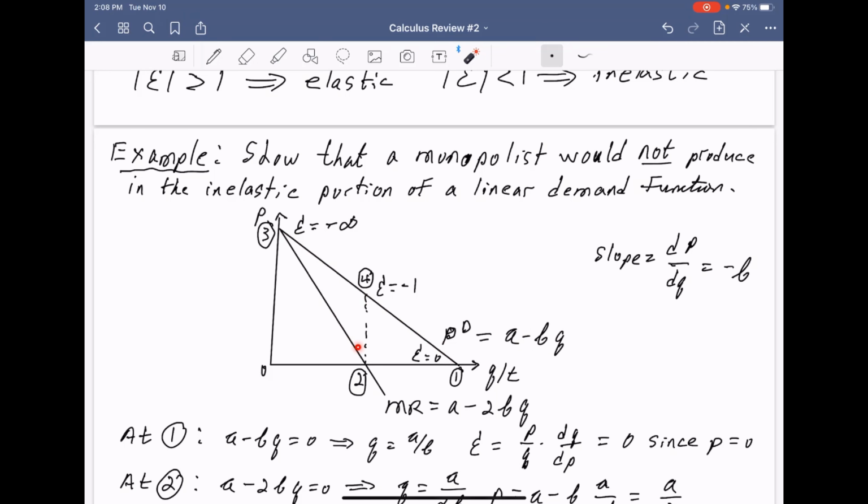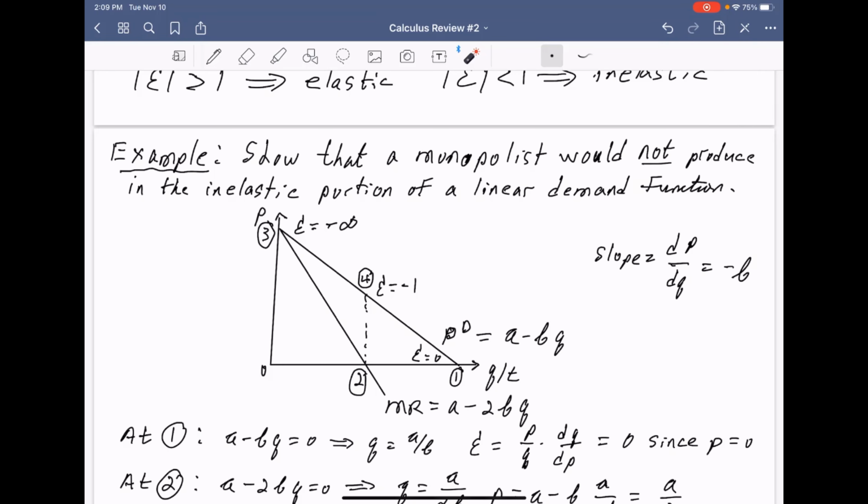Now we construct a marginal revenue curve simply by dividing that slope by half, which means that we're multiplying 2 times B. And then this is the expression for the marginal revenue curve. Why do we multiply by 2? Because that means it's going down faster than the demand function is going down.